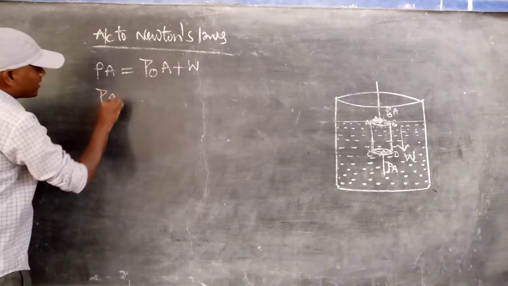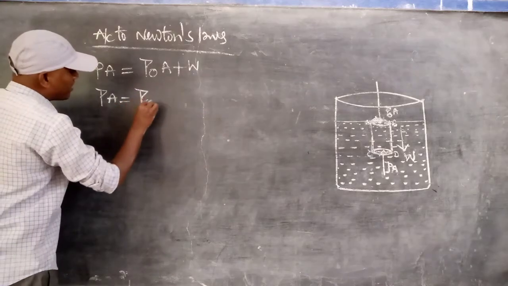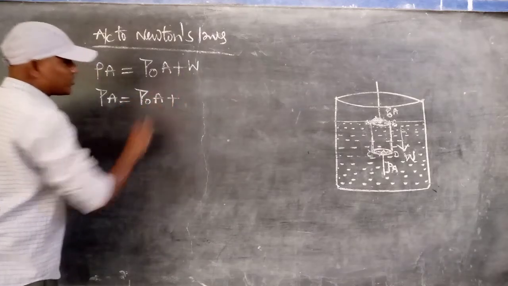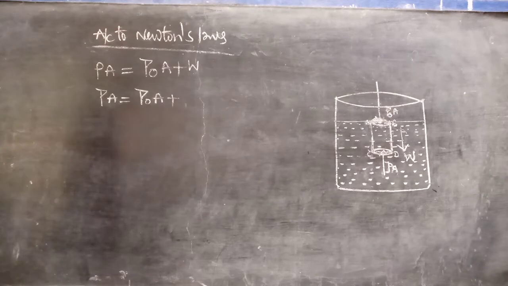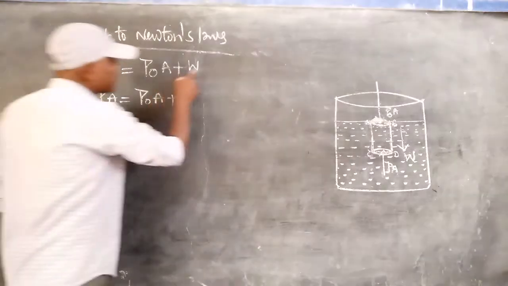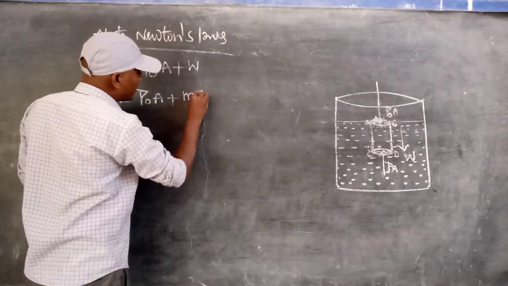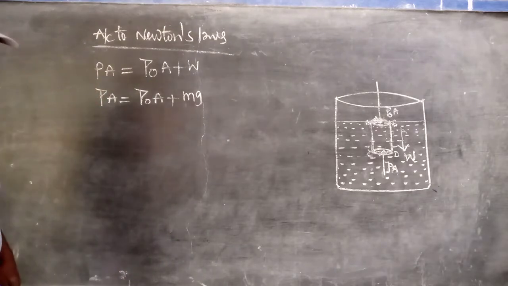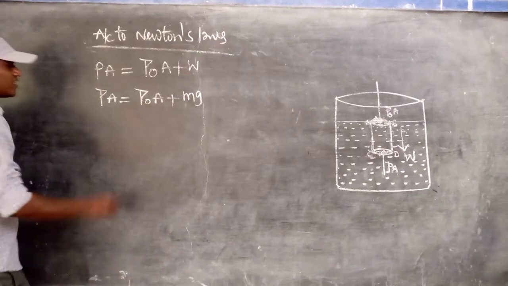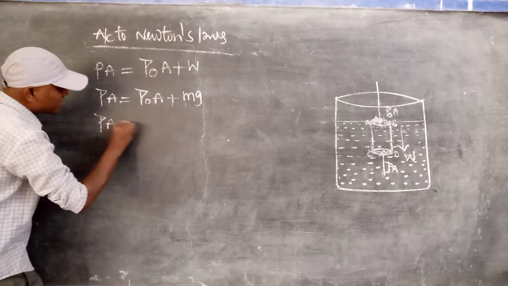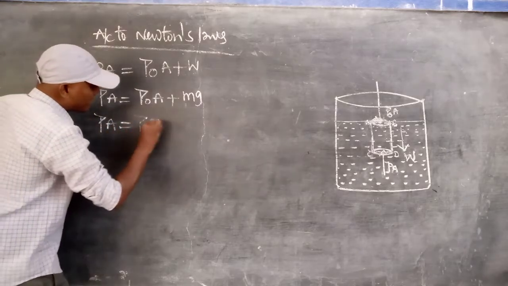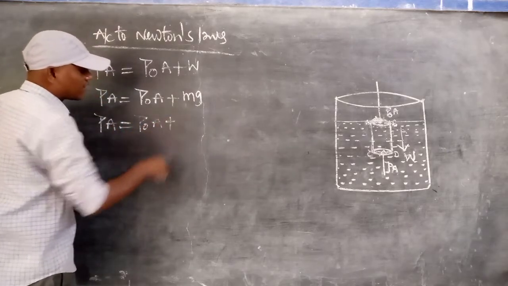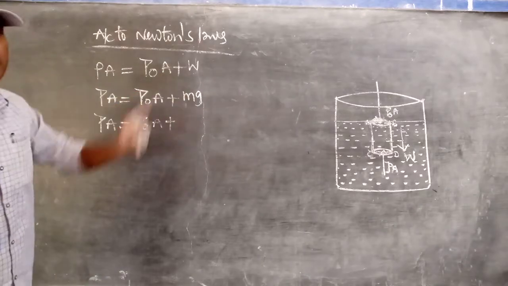Then next, in PA equals P naught A plus W, W is nothing but the weight of the liquid. So weight of the liquid we can write simply as mg, because W is equal to mass into acceleration due to gravity. PA is equal to P naught A plus mg, and here we also consider the density of the liquid column.